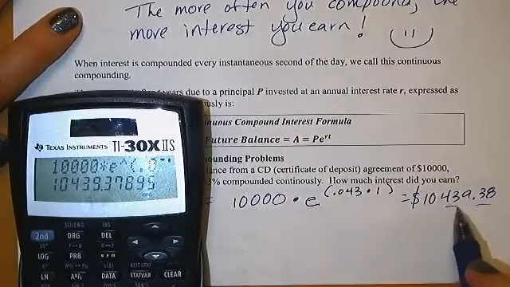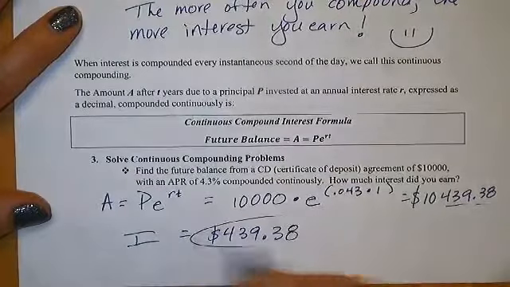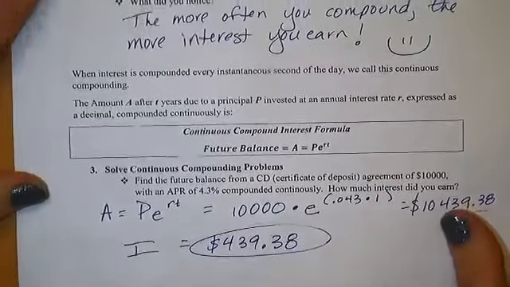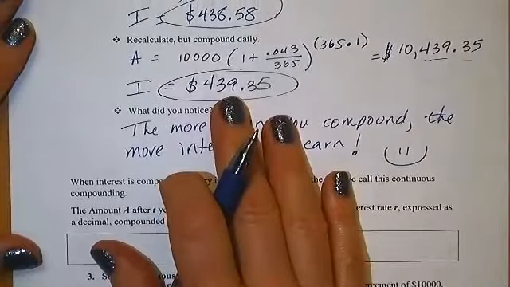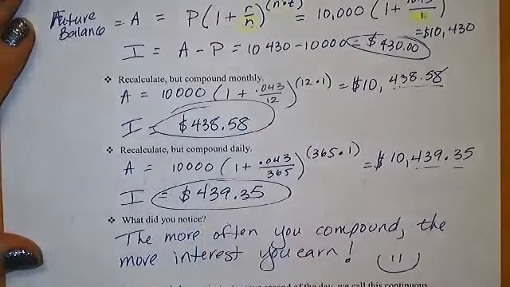So you can see the amount of interest that we'll earn is $439.38. And how does that compare to the numbers up above? Well, very close to daily compounding, but still the most of all of the options.